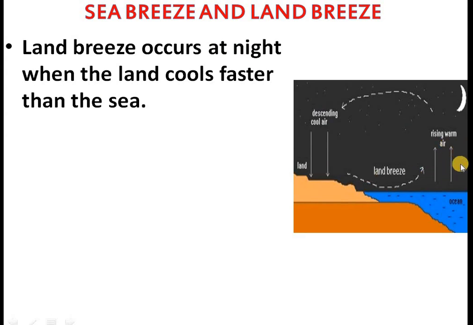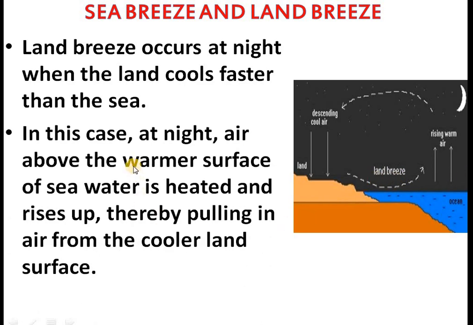Sea is comparatively hotter than land. Land gets easily cooled down, whereas sea is hot. So at the sea surface, pressure is low, whereas on the land pressure is high. So what happens? Wind blows from land to sea. This is called land breeze.